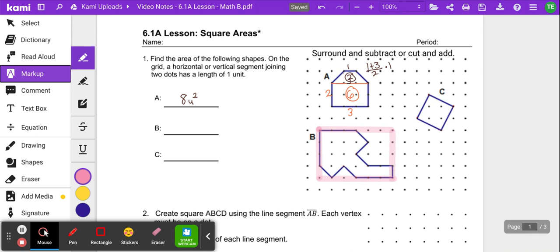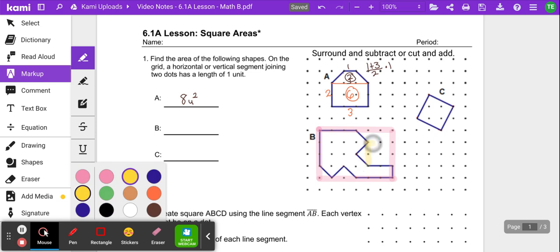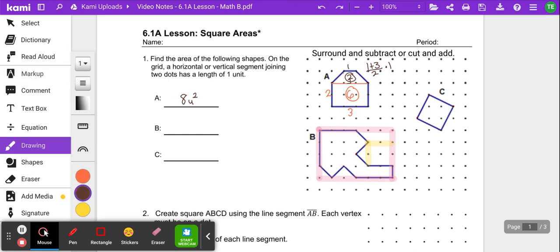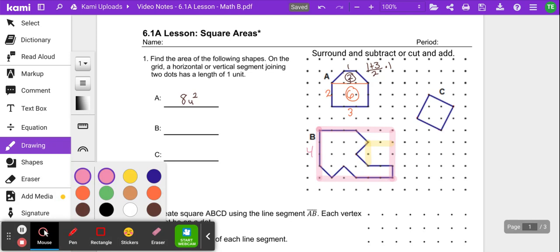I see a trapezoid on the top, and then I see a rectangle and a triangle, and then 2 little triangles. Okay. So my total rectangle, 1, 2, 3, 4, by 1, 2, 3, 4, 5, 6.